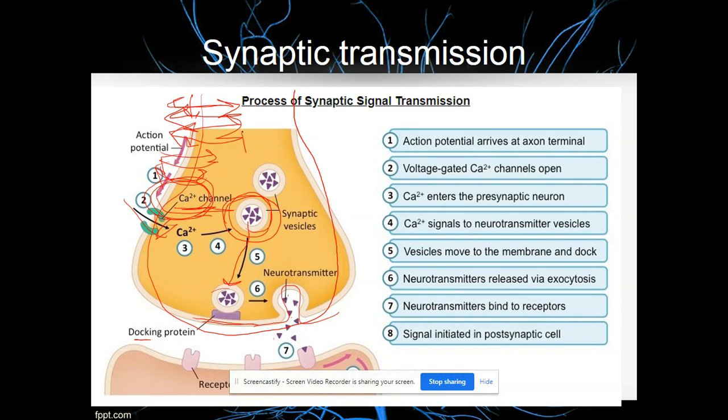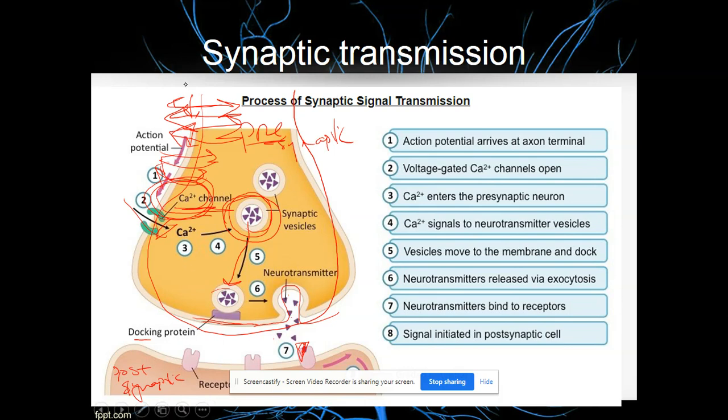We would call this the presynaptic cell because it's before the synapse. And then down here we have the receptors of the postsynaptic cell. And so those neurotransmitters are going to bind to the receptors, and then that impulse is going to cause whatever the neurotransmitter's job is to happen.